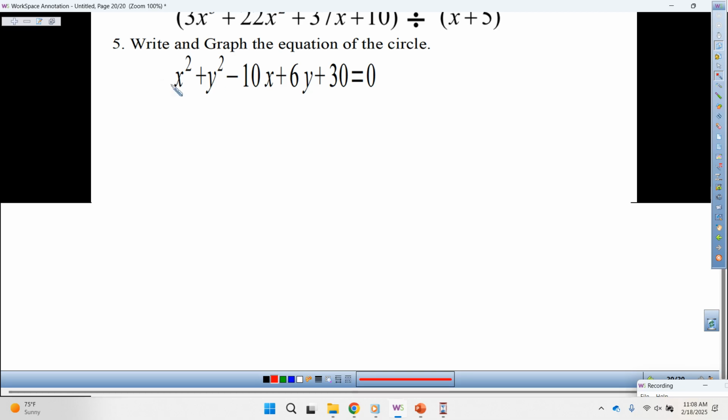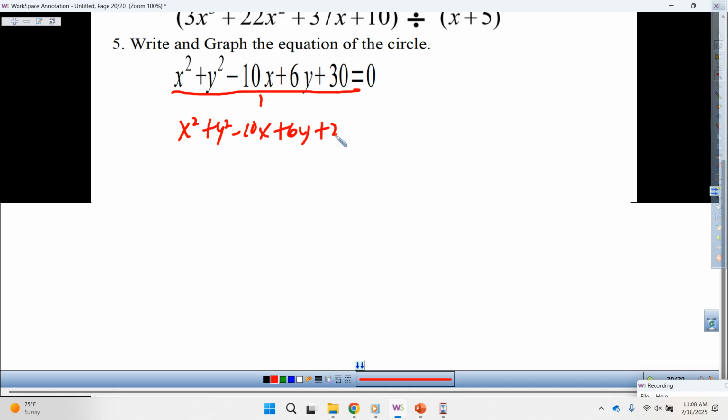All right, here we go. Complete the square. Standard form, yes. Divide by the leading coefficient, which is 1. x squared plus y squared minus 10x plus 6y plus 30 equals 0. Minus 30, minus 30.